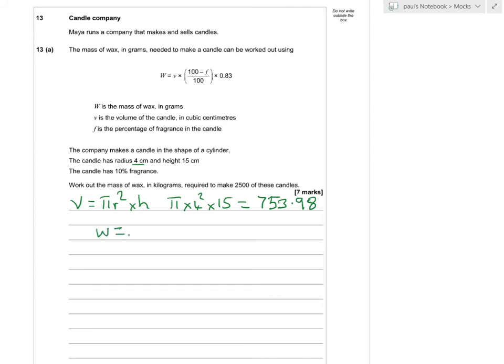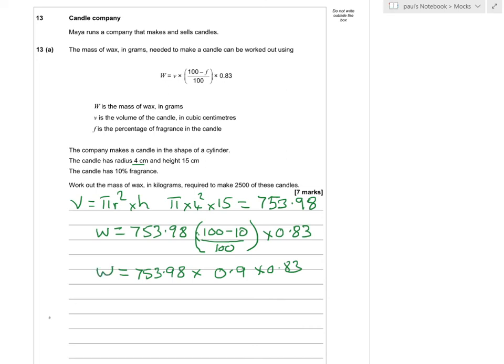So W equals 753.98 times 100 minus F over 100 times 0.83. F is the percentage, so F is 10. Now 100 minus 10 is 90. 90 over 100 is 0.9, times 0.83, times 753.98.